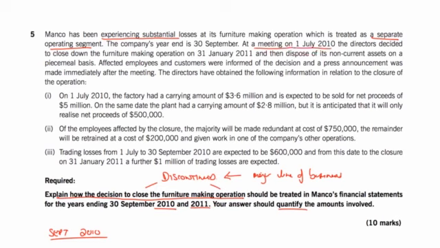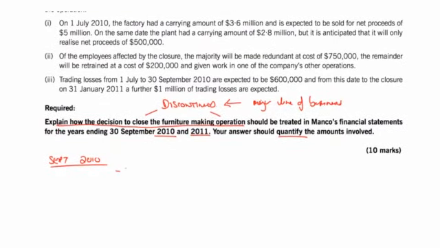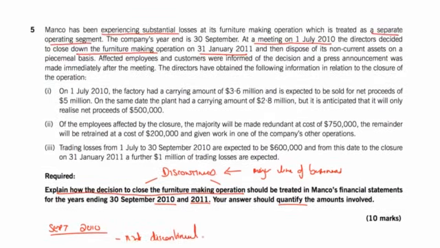At a meeting before the year end, the directors decided to close down the operation after the year end. Okay, so in September 2010, it's not discontinued, not yet. They've made their decision, but it's not discontinued until afterwards.